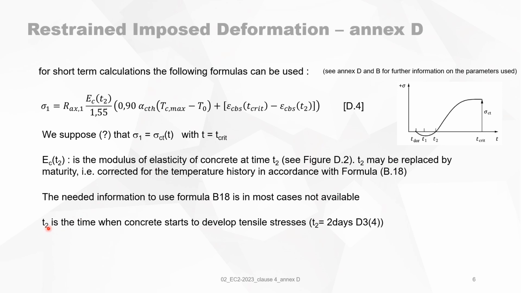T2, the definition is the time when concrete starts to develop tensile stresses. In most cases, because you do not have all the necessary data, you can assume that T2 is 2 days. So we will take T2 equals 2 days. After 2 days, tensile stresses develop in the concrete.